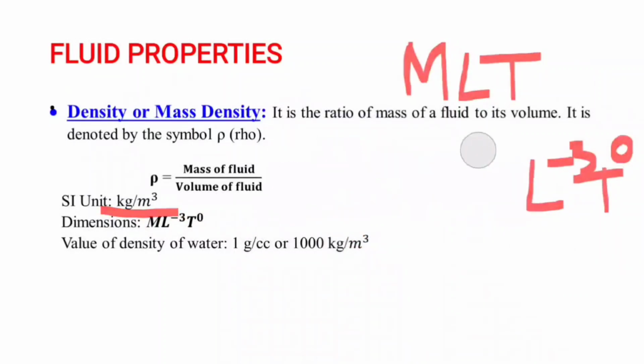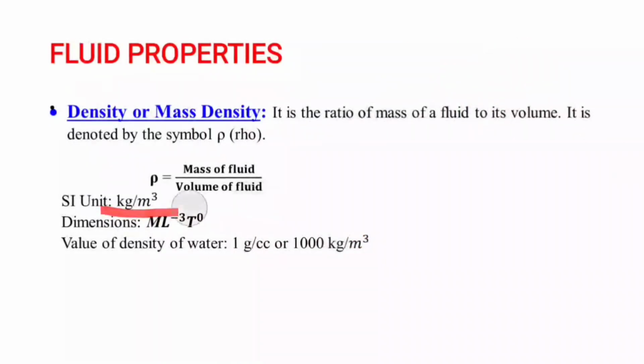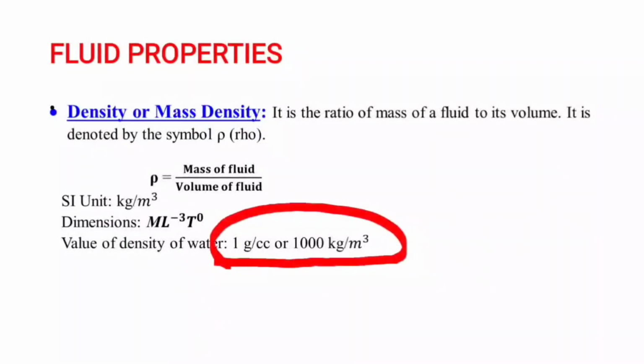I hope it is understood how to write dimensions for mass density. The value of density of water is 1 gram per cc or 1000 kg per meter cube. In numericals also, if the density of water is not given, you take 1 gram per cc or 1000 kg per meter cube.